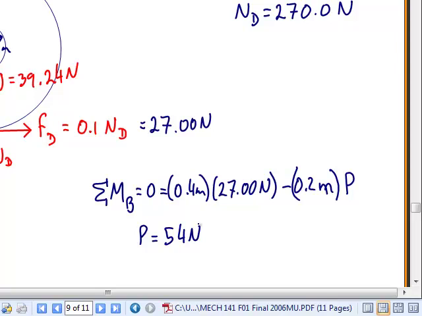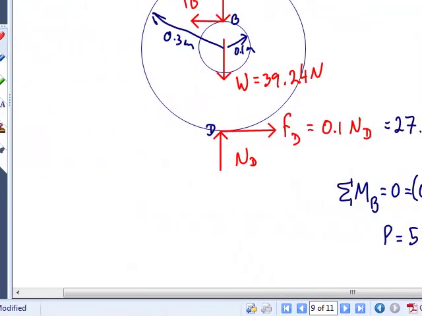What's left? That's all we were asked for, right? Was P? We're asked for P in the direction the spool rolls. We assumed that it's going to roll to the left. Now we need to do a check. How are we going to check?